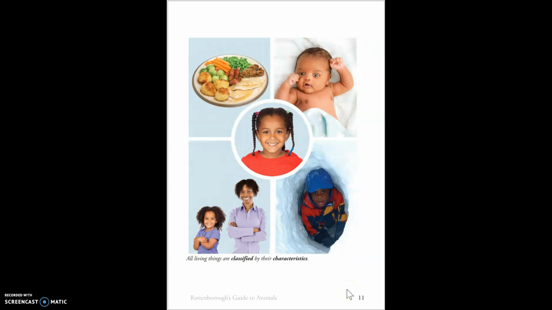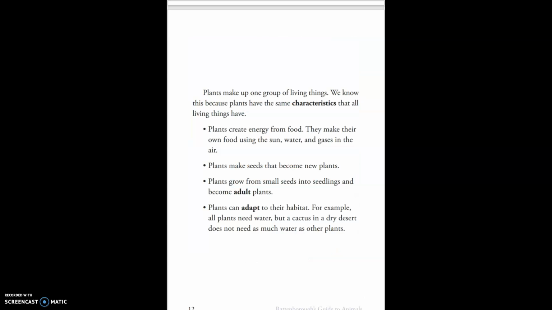Here's an illustration showing that all living things are classified by their characteristics. Plants make up one group of living things. We know this because plants have the same characteristics that all living things have. Plants create energy from food. They make their own food using the sun, water, and gases in the air.